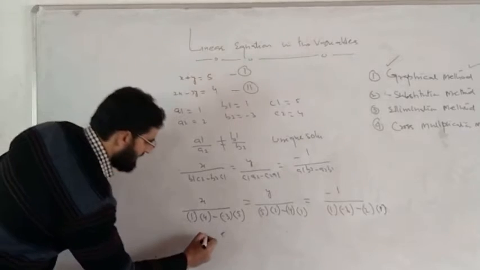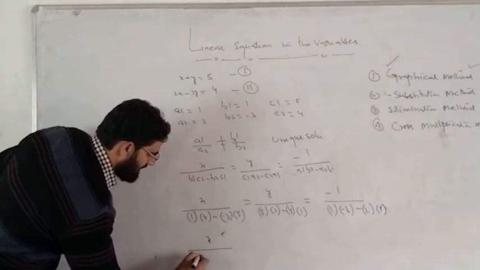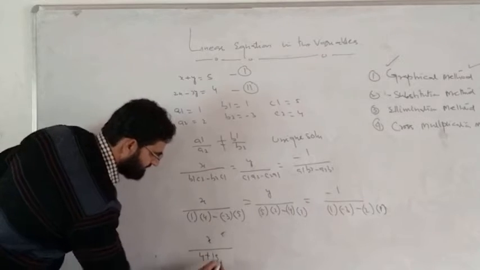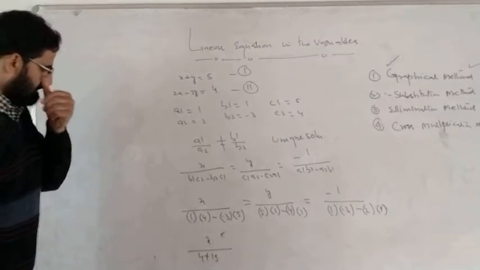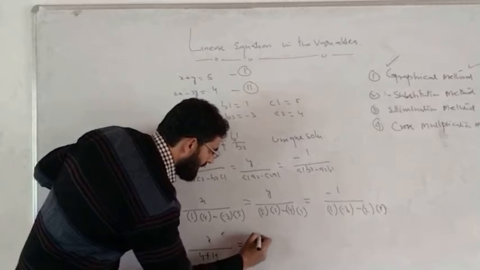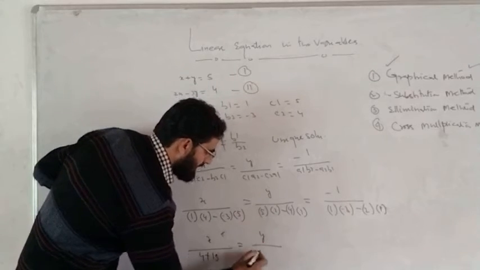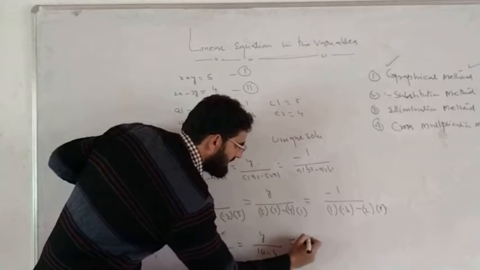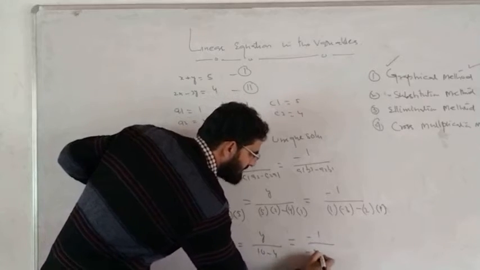So here, x divided by 4 ones are 4, minus into minus is plus, 5 threes are 15, is equal to y divided by 5 twos are 10, minus 4 ones are 4, is equal to minus 1 divided by minus 3 minus 2.